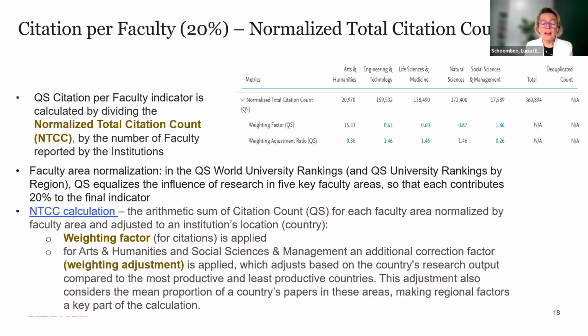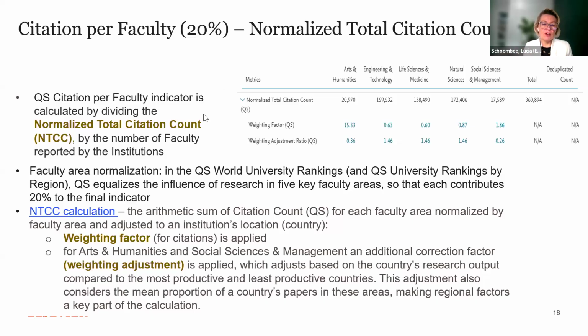So in SciVal, we have the metric citations per paper, for example. QS uses citations per faculty. That faculty number comes from the institution. It's not based on the number of authors that we have within SciVal. So a combination of self-reporting and then what we give the ranking organizations.